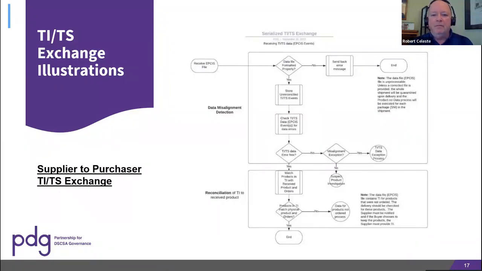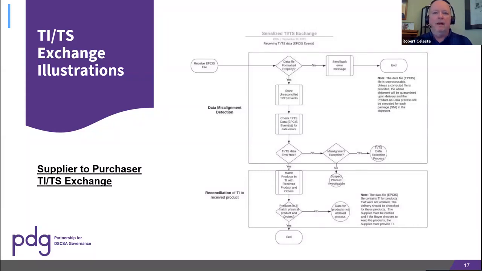If not, then at the reconciliation point, and reconciliation can take place at many points within your processing, it depends on your own internal SOPs. You may be scanning product as it arrives, or you may be scanning in a case, most likely of a wholesaler, where a product is scanned on outbound as it's picked for orders.